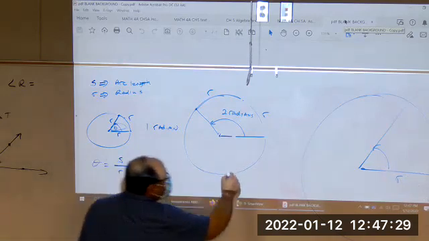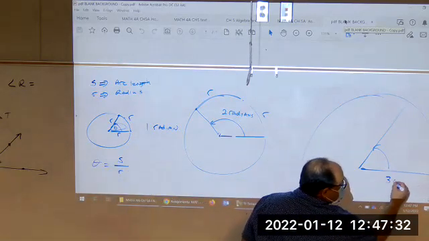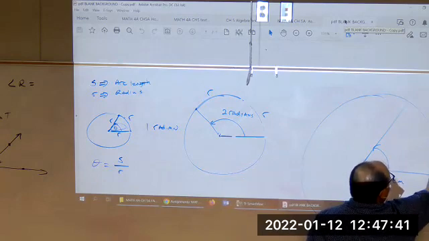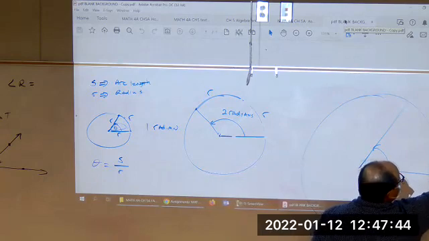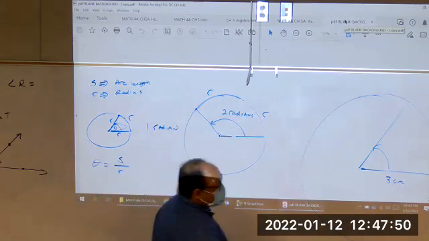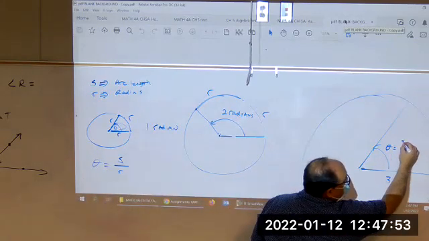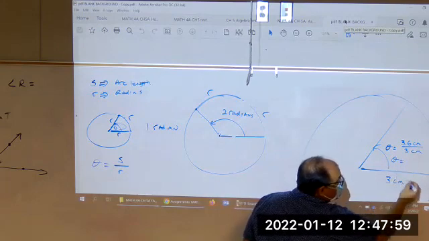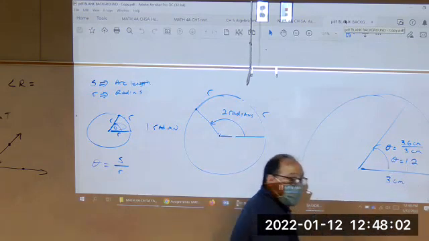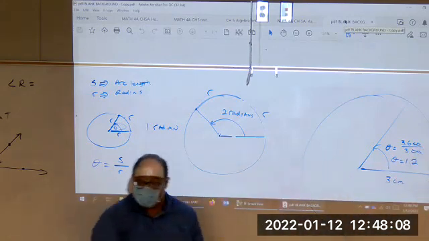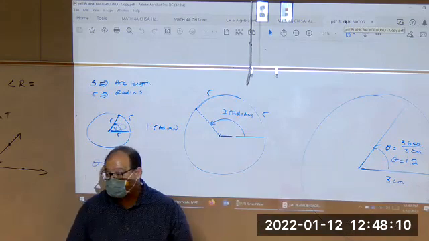So if this was 3 centimeters, and let's just say the arc was 3.6 centimeters, then theta would equal 3.6 centimeters divided by 3 centimeters. Theta will equal 1.2. And there's no units because centimeters reduces. You ain't got no units.